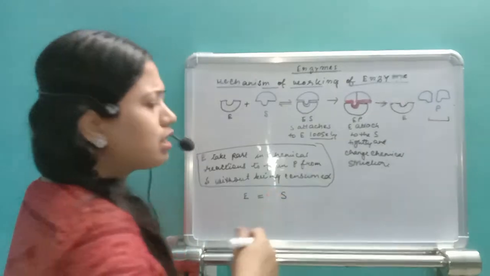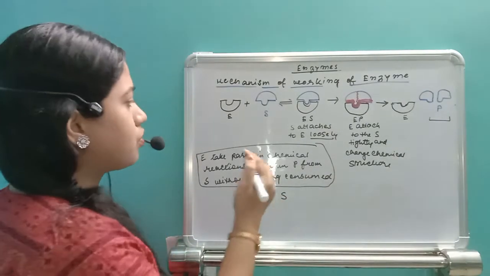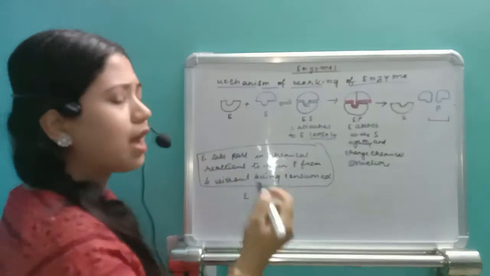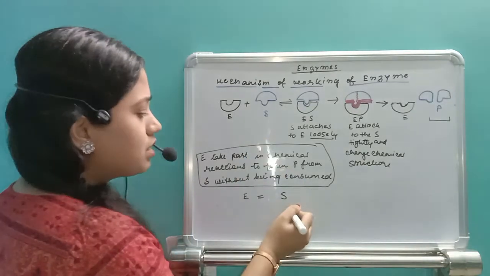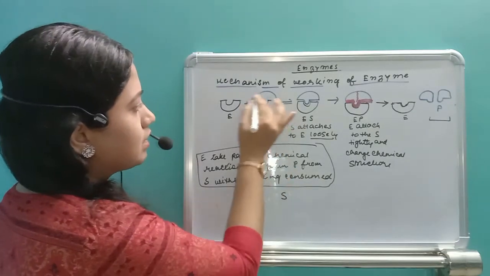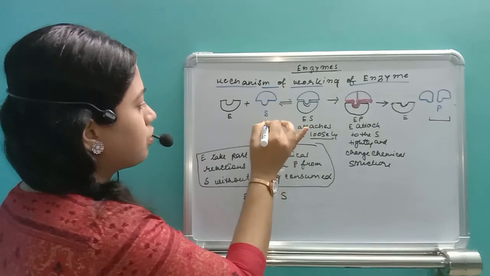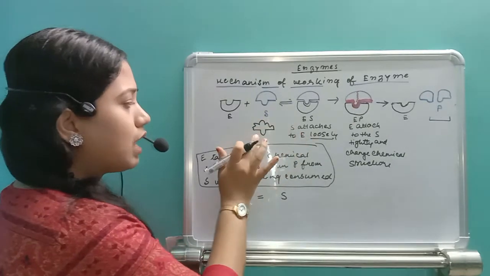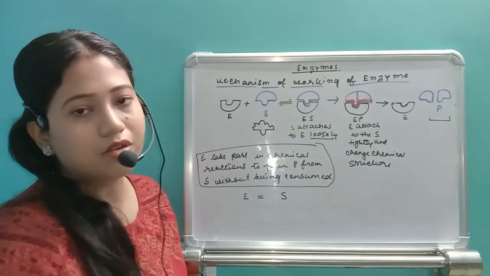There are a number of compounds present. It might be possible that a different compound can also have the same shape as the substrate. The substrate is looking like this. Suppose there is also one compound, but it has a different shape. It can be attached to the enzyme, but it cannot take part in the chemical reaction.